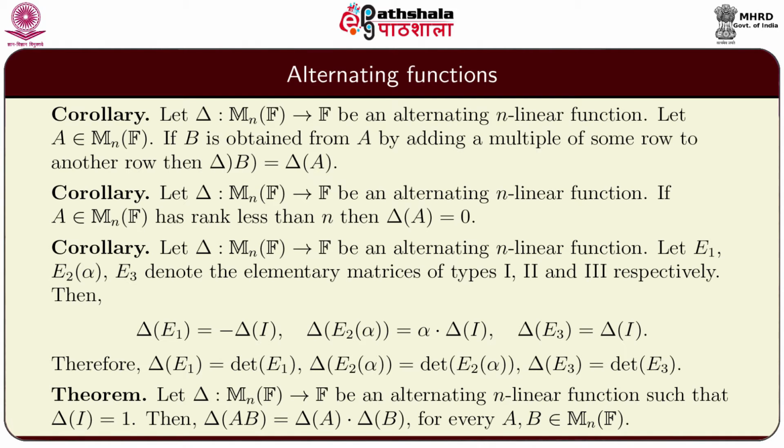You can see that almost all the properties of the determinant function hold for this function delta, which is an alternating n-linear function, and also with the assumption delta of I is equal to 1, we have the multiplicative property as well.